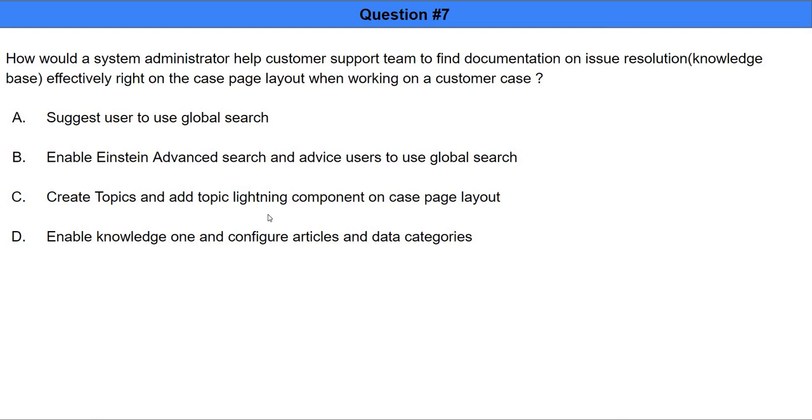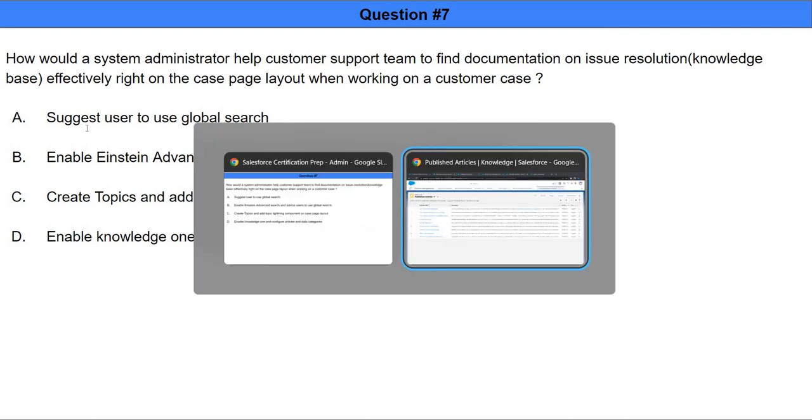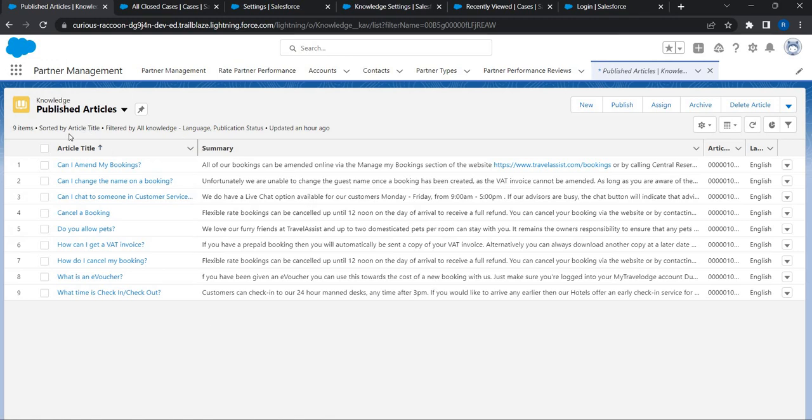So let's see which one is the right answer. To demonstrate this, let's go through each and every option. The first one is suggest the user to use global search. Before we talk about this, let's quickly look at an example. In this org, I have some published knowledge articles related to travel and logistics.